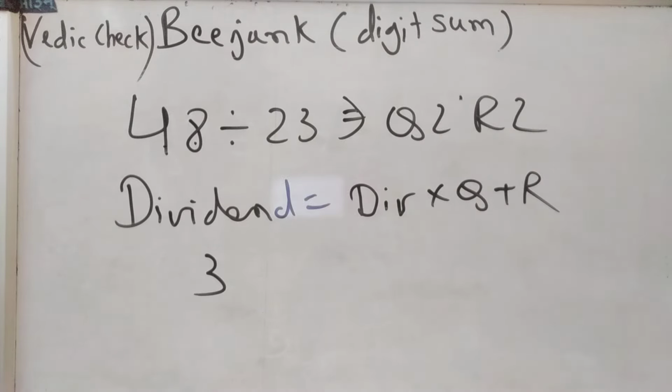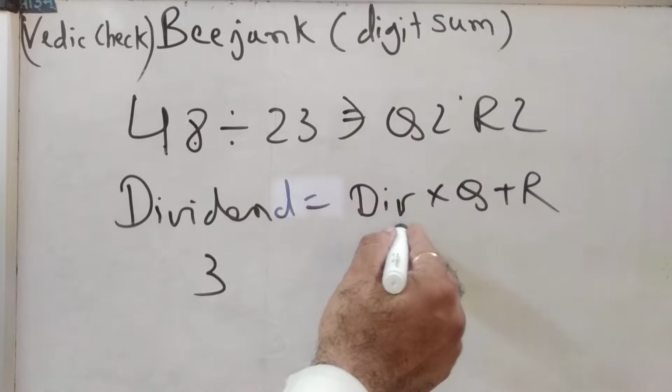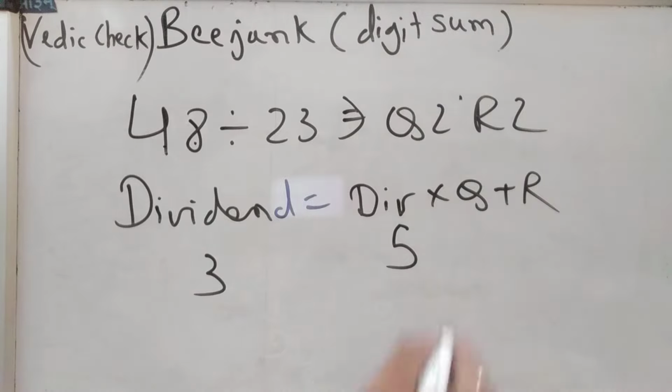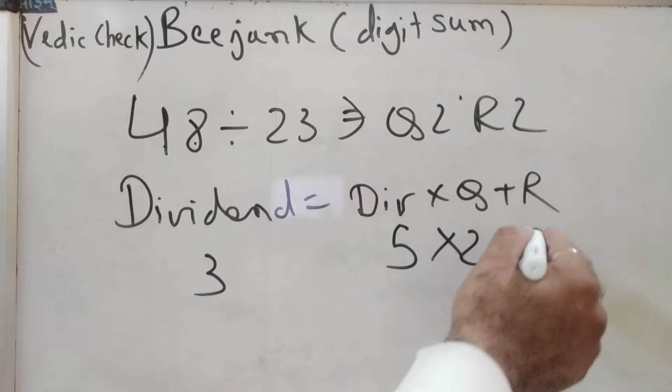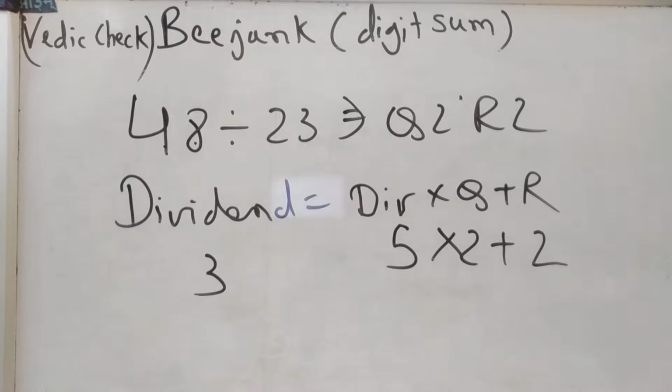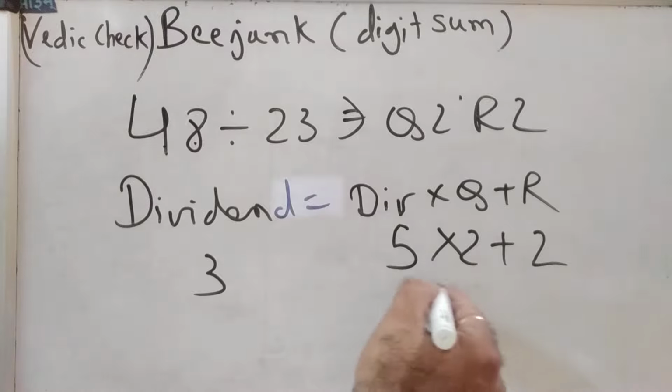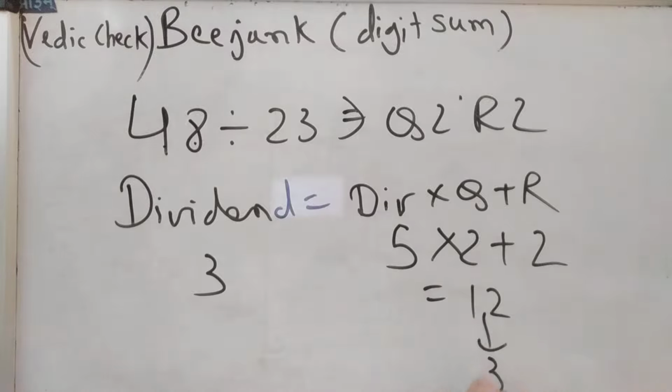And divisor is 23, and Bijank of 23 is 5, and quotient is 2, and remainder is 2. For right part, 5 into 2 is 10, 10 plus 2 is 12. So Bijank of 12 is 3. As Bijank of both sides is equal, we can say this division is correct.